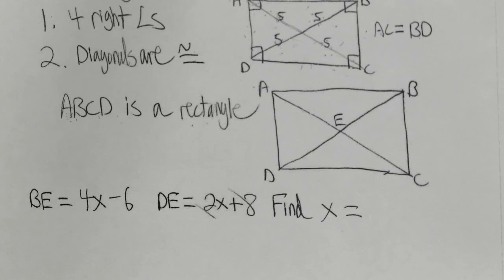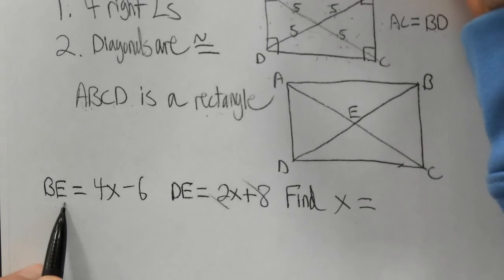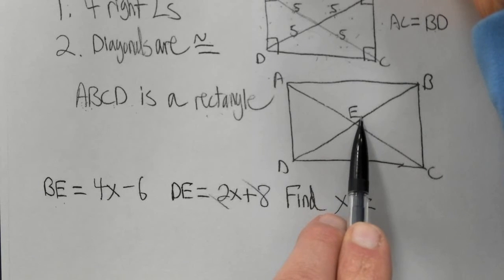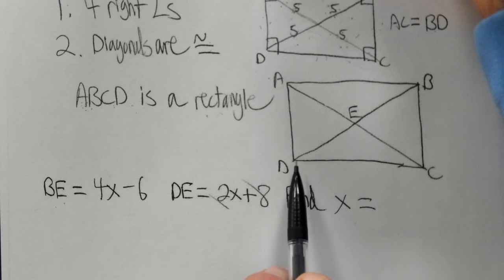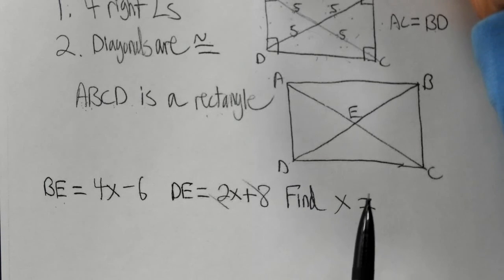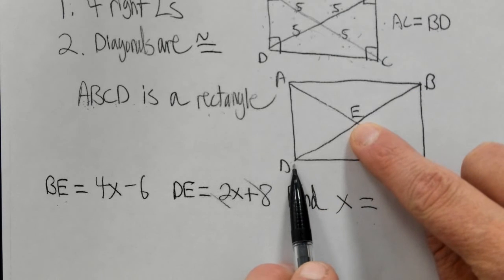Okay? All right, the next thing that we're going to be looking at here is trying to solve this problem. It says BE is equal to 4x minus 6, and DE is 2x plus 8, and we want to find x. Well, BE is this part of the diagonal. DE is the other part of the diagonal.